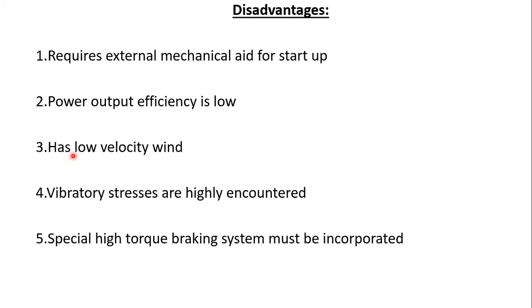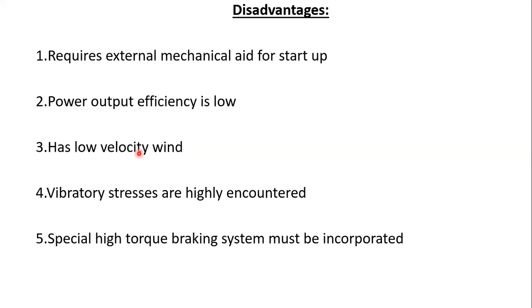Next, third one is it has low velocity wind. This is arising because the Darrieus rotor is generally situated near the ground level. This disadvantage is occurring because as we increase the altitude of the earth, we are getting more speed of wind.